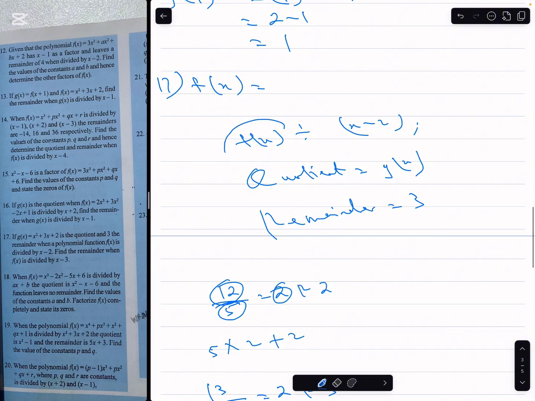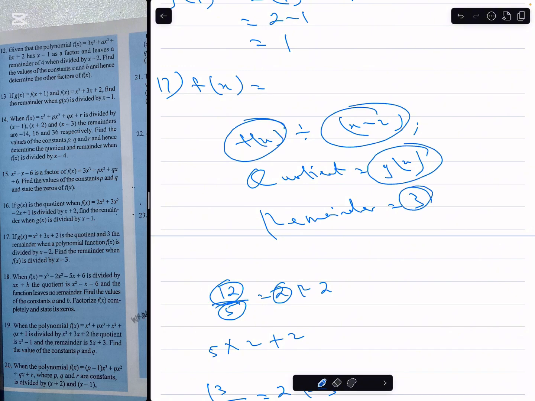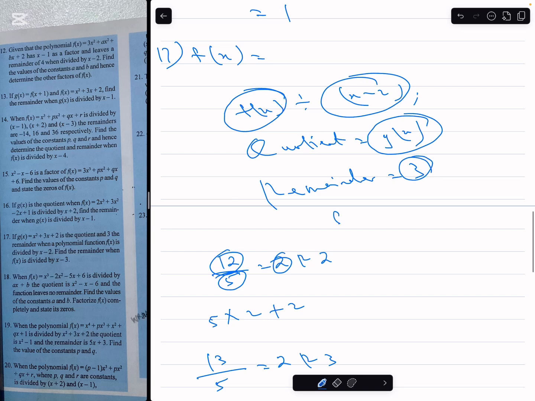If you divide f of x by x minus 2, and the quotient is g of x, while the remainder is 3, that means f of x itself is what you get when you multiply the quotient g of x by the divisor x minus 2 and add the remainder to that result. The remainder is 3.